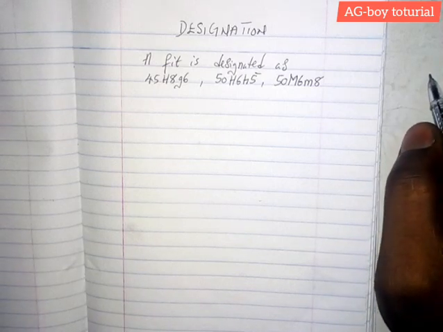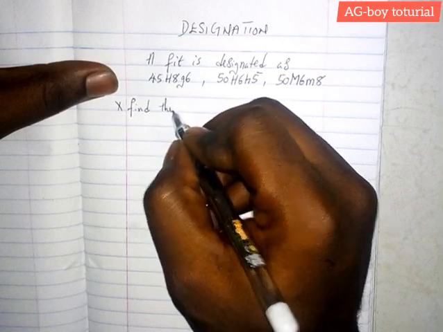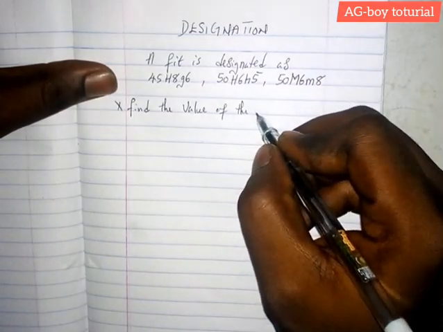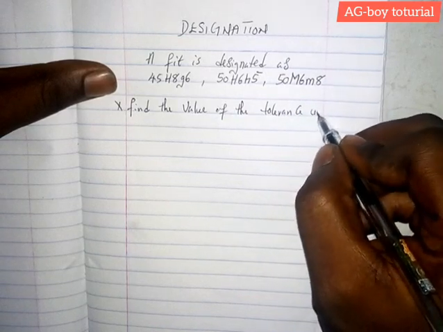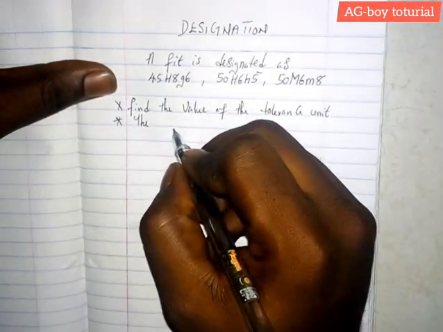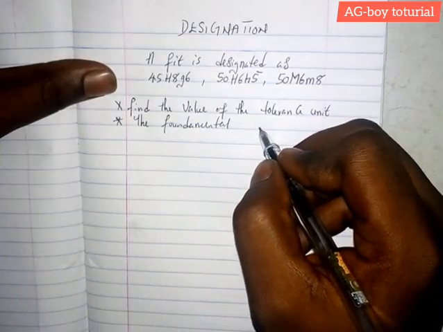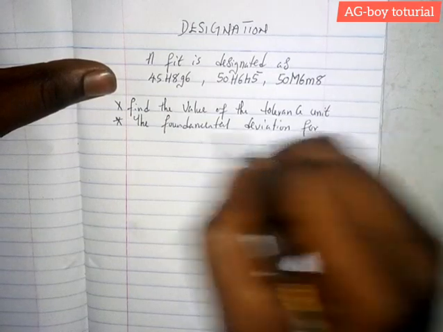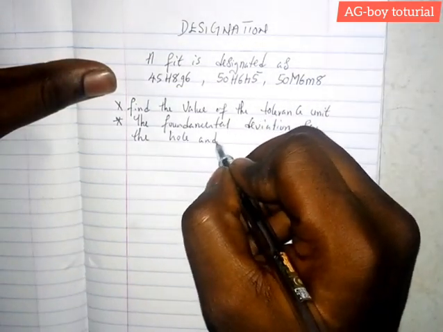All right, now the topics to cover. We are to find the value of the tolerance unit and the fundamental deviation for the hole and shaft.